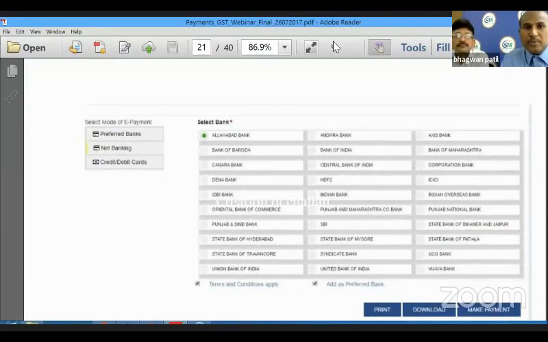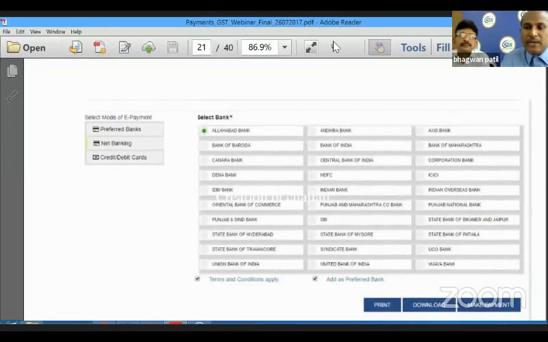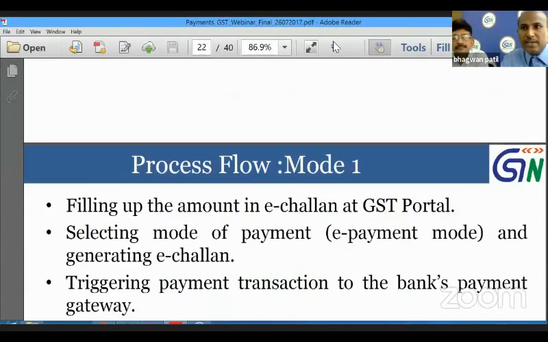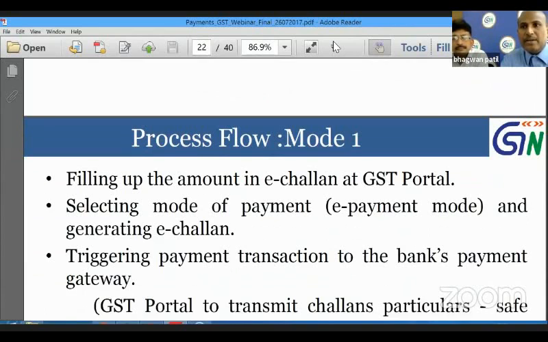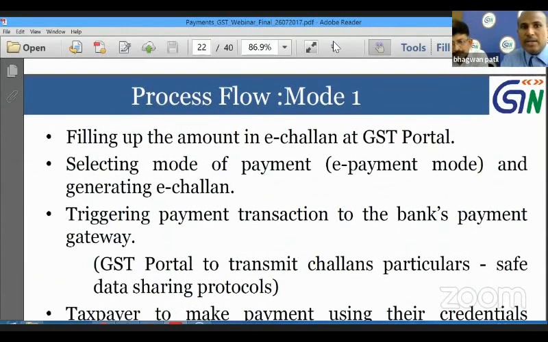So the third mode of payment is through NEFT, RTGS through any bank. Actually, you have a lot of flexibility. 5 modes are available to you: either internet banking, debit card, credit card, or OTC, or this NEFT and RTGS. And this bank can be any authorized bank.